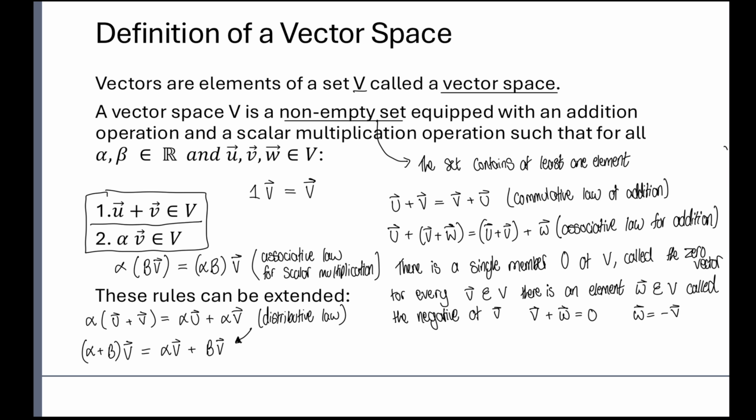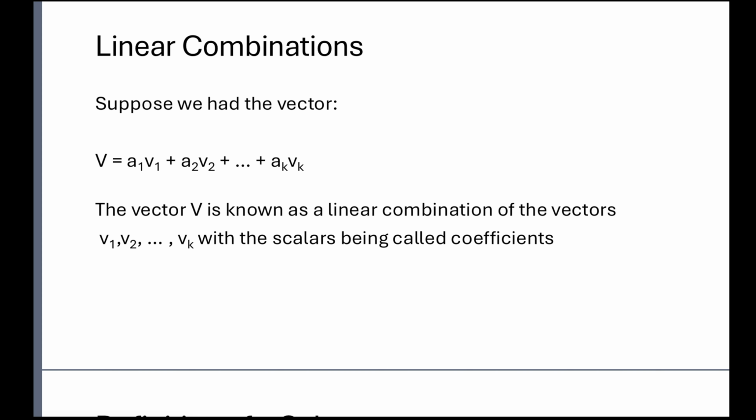Cool. Moving on to linear combinations. So suppose we had the vector v, which is equal to a1 multiplied by v1 plus a2 multiplied by v2 plus a3 multiplied by v3, all the way up to ak multiplied by vk.